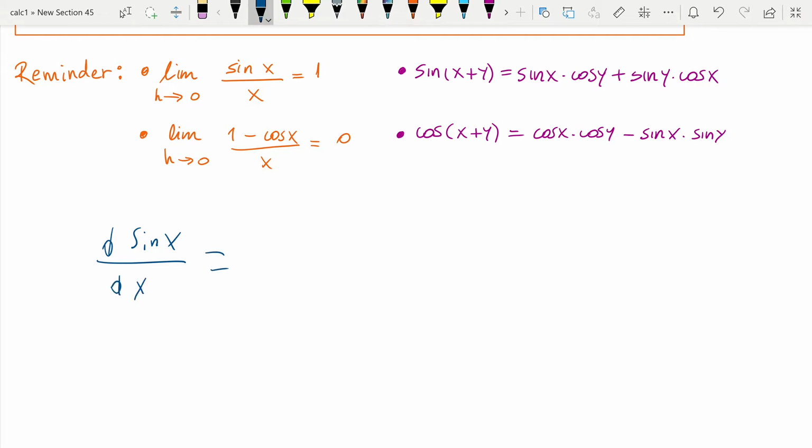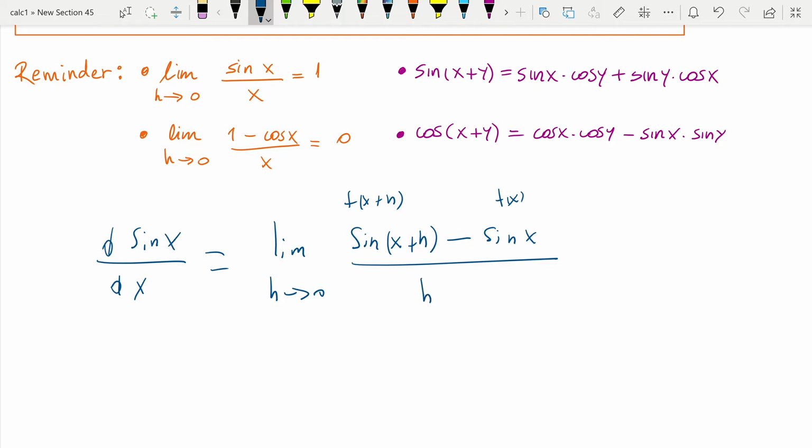Remember the second formula that we had was the limit as h approaches 0 of the function at the point x plus h minus the function at the point x. Remember, f of x plus h minus f of x, all of that divided by h.